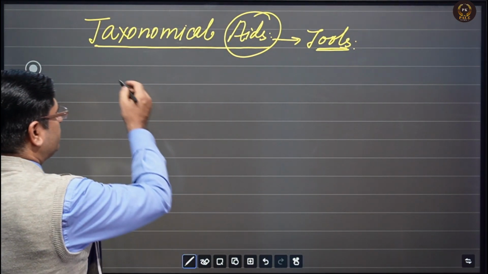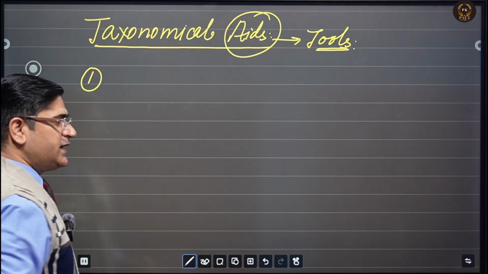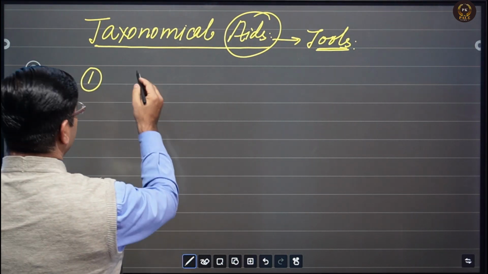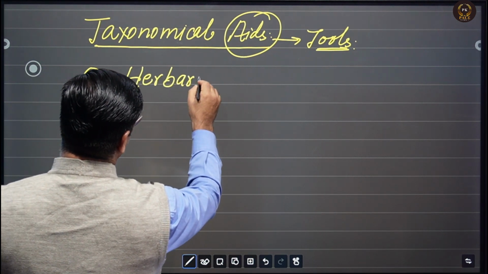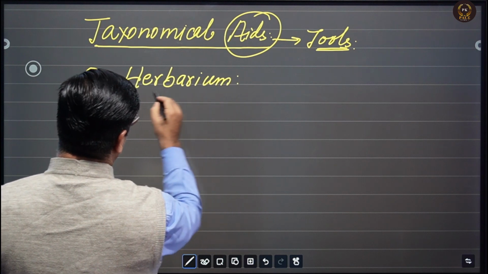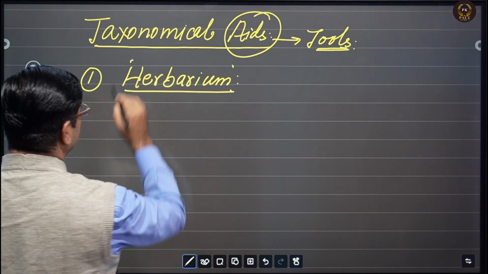The first aid in the taxonomical aids is the herbarium. So what is the herbarium?